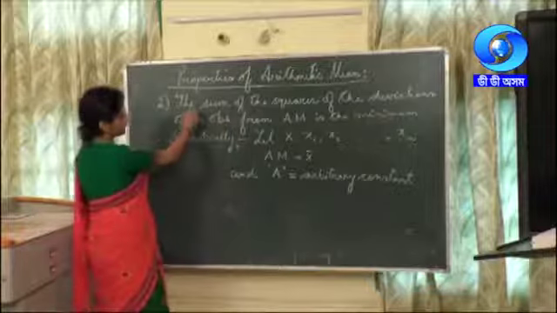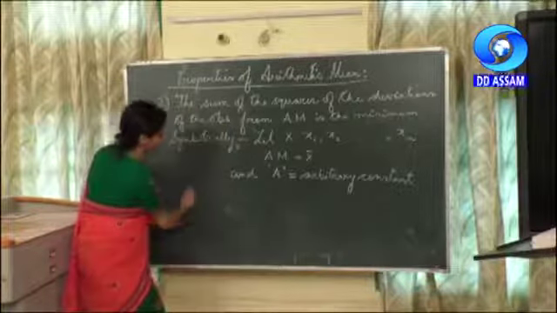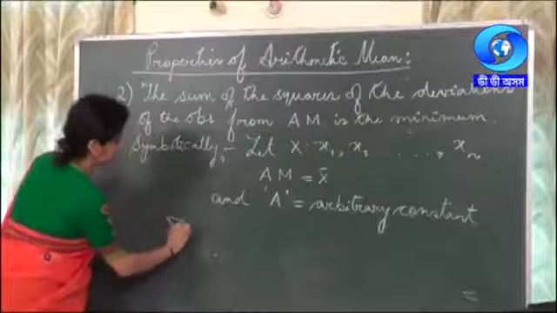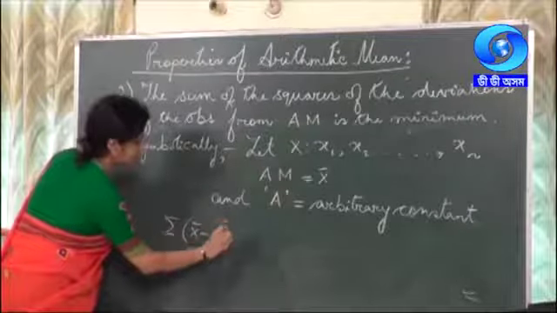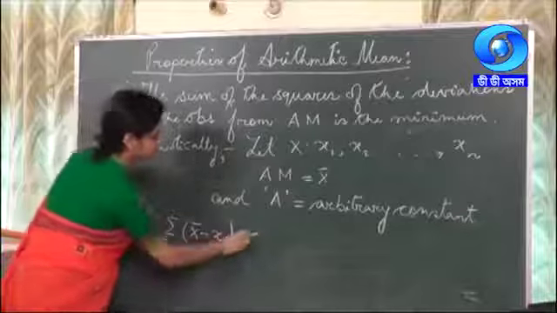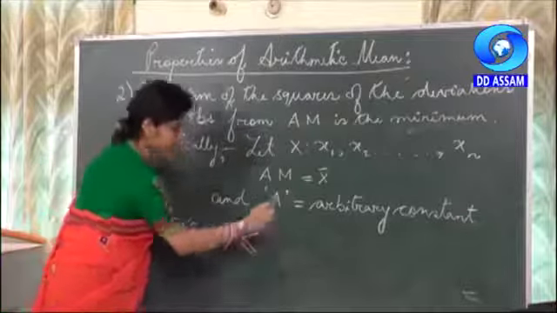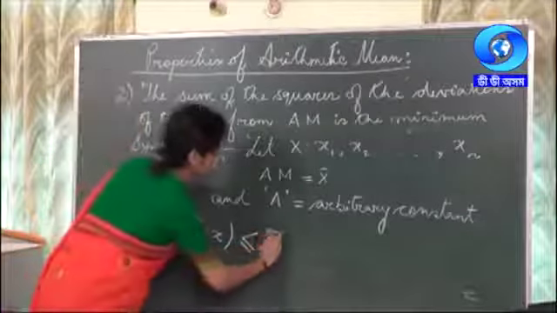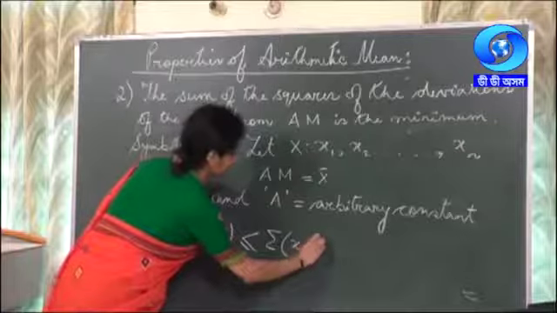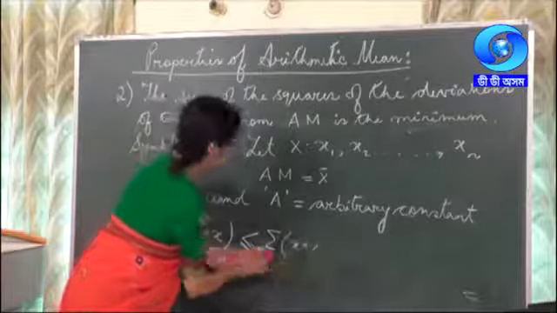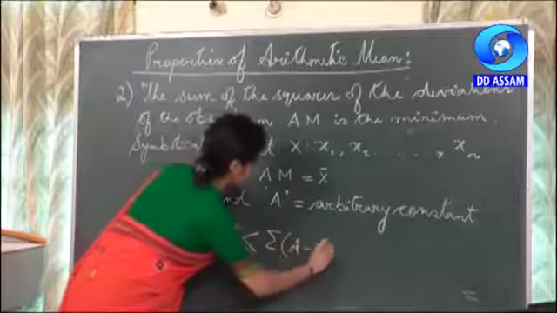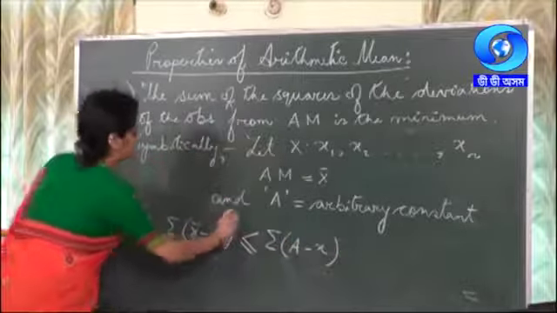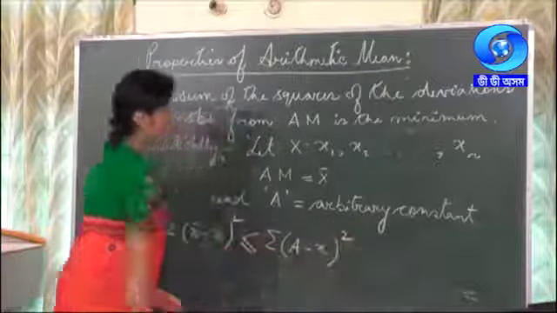That is, by this property, summation of (x bar minus x) squared is less than or equal to summation of (a minus x) squared.